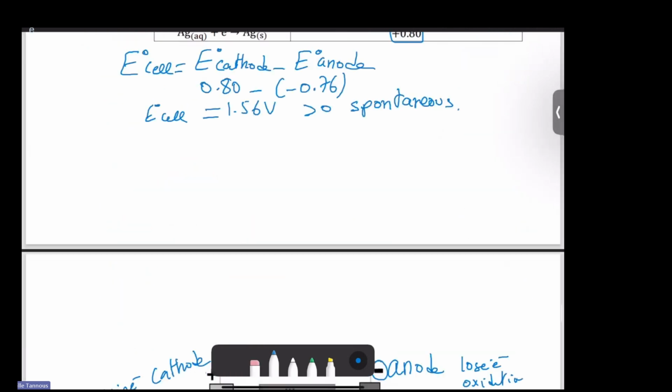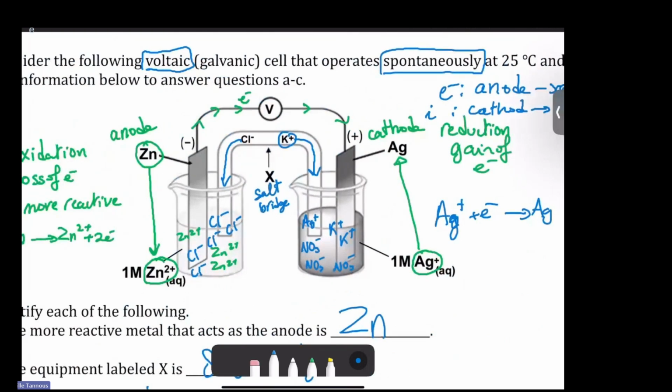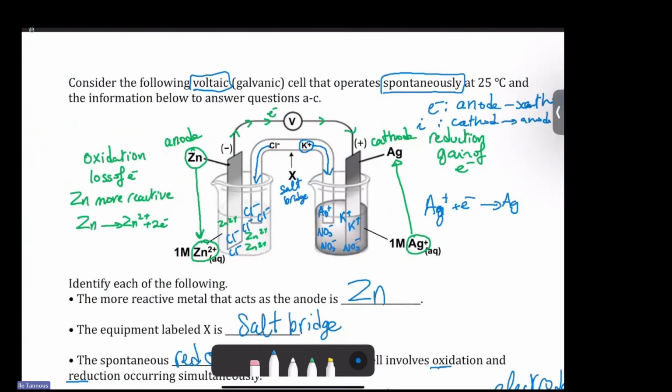Okay, and in the previous example, if I show it to you on the figure, the one that undergoes reduction is the silver. So the silver ion is an oxidizing agent getting reduced at the cathode.